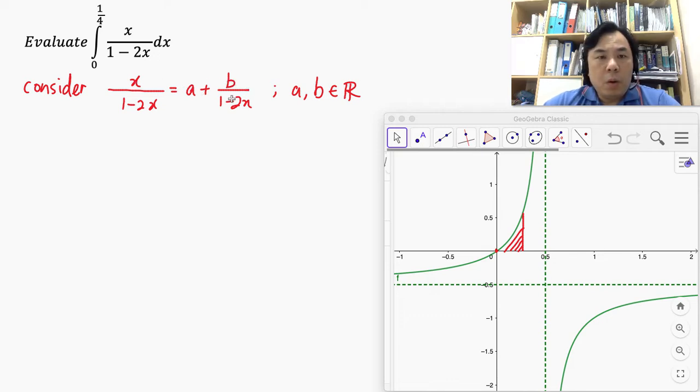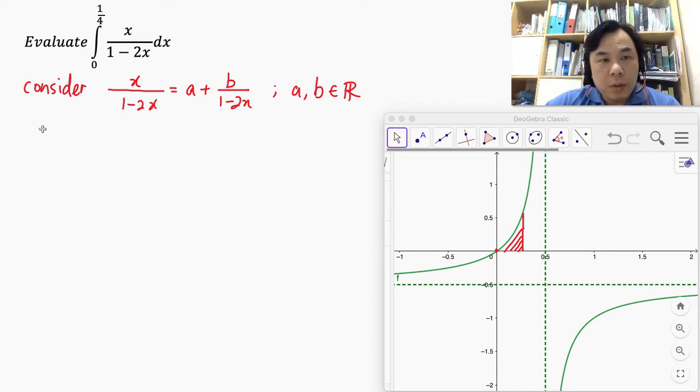Or you can arrange these right hand side expressions into a form that looks very similar to the one on the left, and then through comparison we should be able to obtain the constants a and b. Okay, now here I'm going to use substitution instead. If you're interested to try out the comparison, by all means you can go ahead.